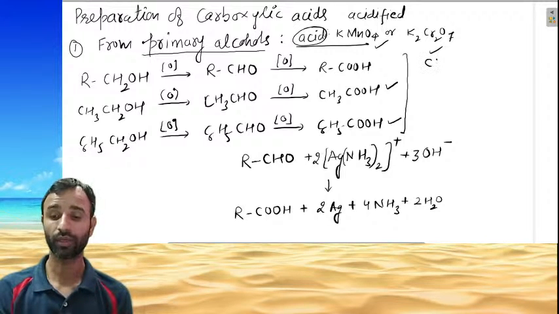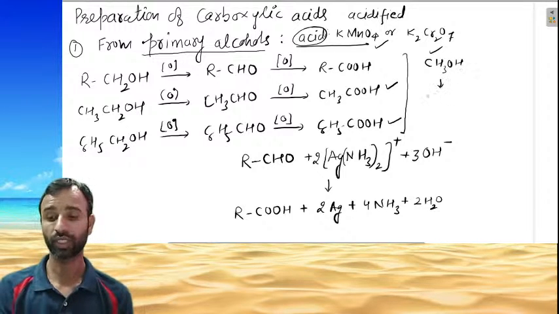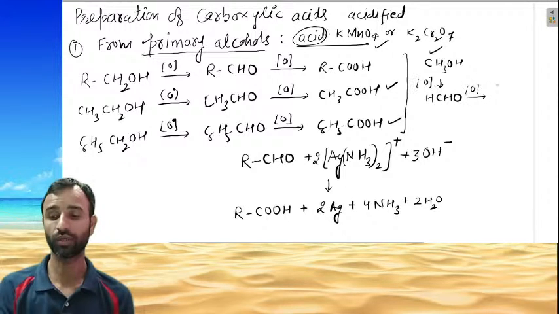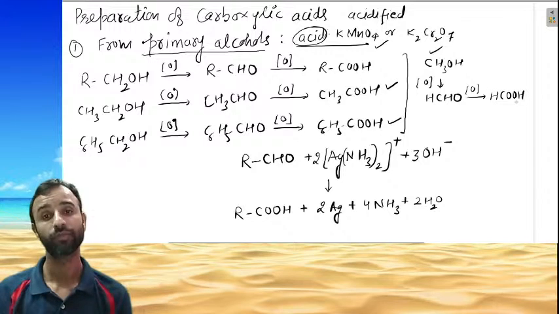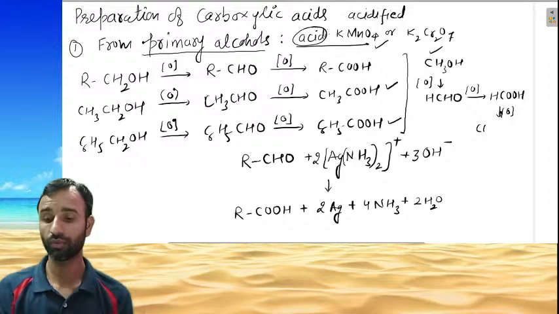See, to prepare formic acid, we use CH3OH. On oxidation, we get formaldehyde. Further oxidation converts it into formic acid, but the reaction will not stop here. Formic acid is further oxidized to give carbon dioxide and water.